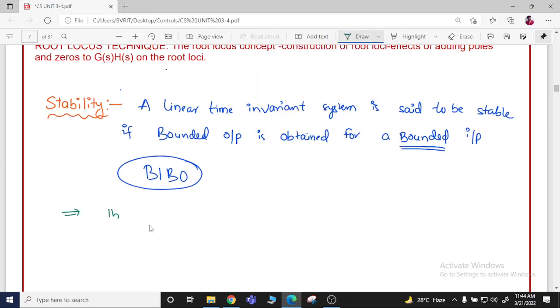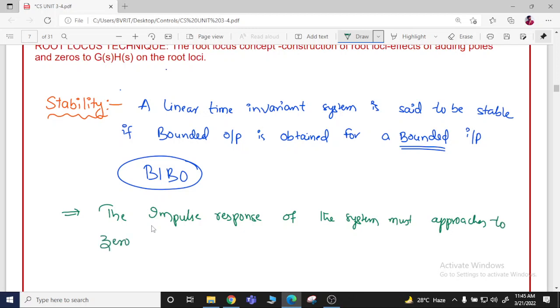Generally, the transfer function can be called the impulse response. The impulse response of the system must approach 0 as time t tends to infinity.